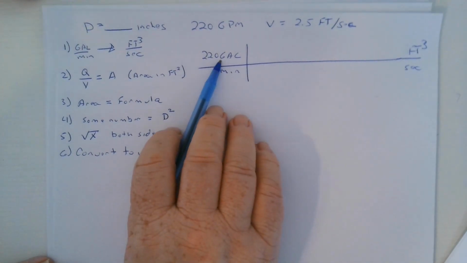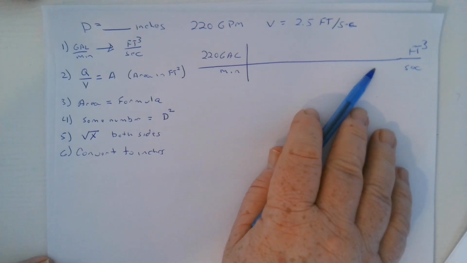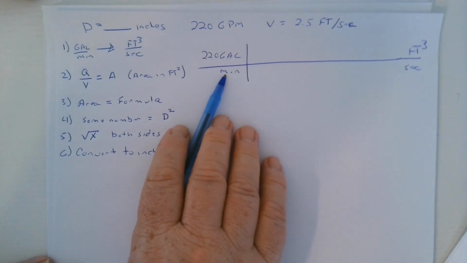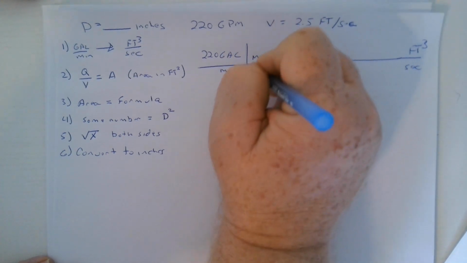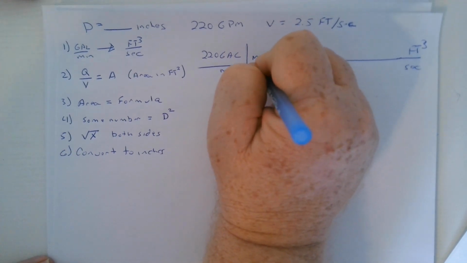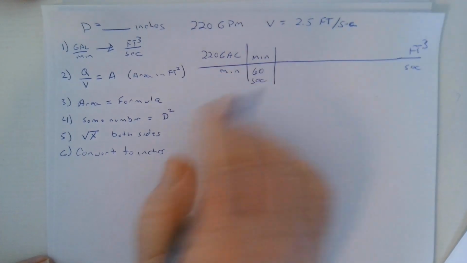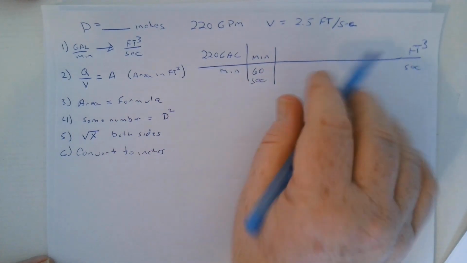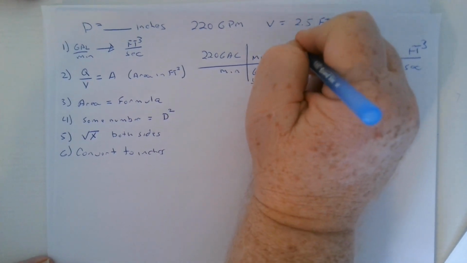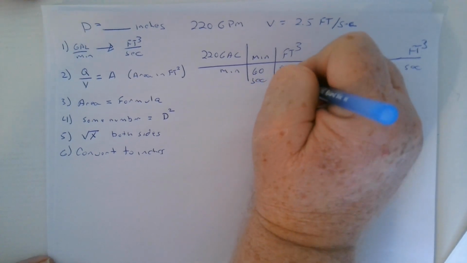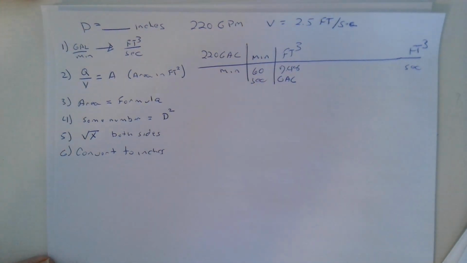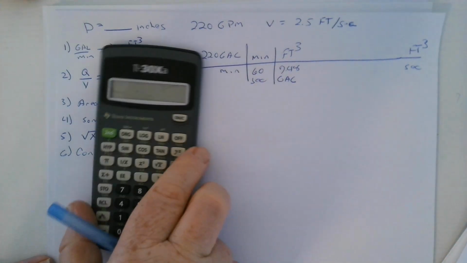So let's go ahead and get our 220 gallons over to cubic feet. Let's take care of the time base first. I need to cancel the minutes. So 1 minute is 60 seconds. Let's take care of the gallons and add the cubic foot. A cubic foot on top is 7.48 gallons. And so now I should be at the point where I can convert this to a flow.